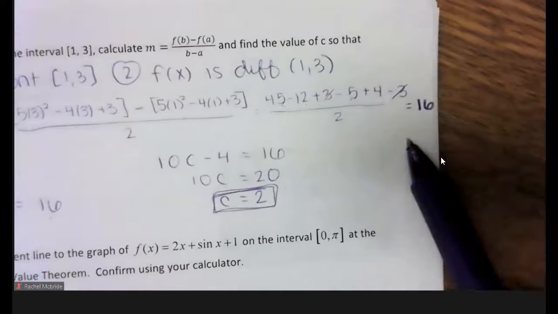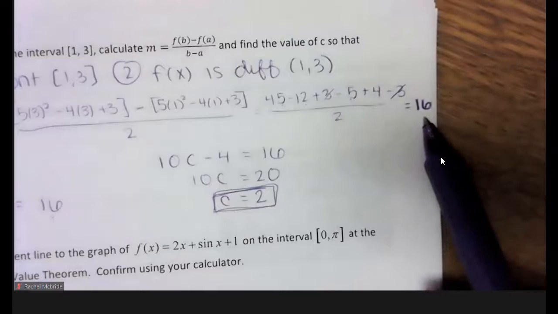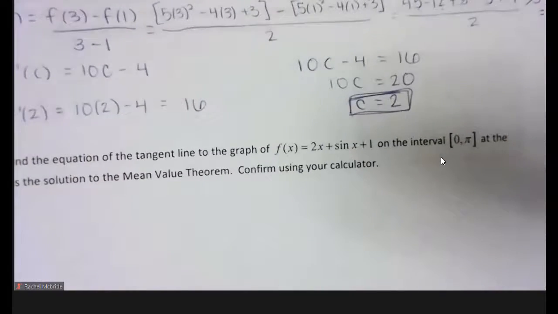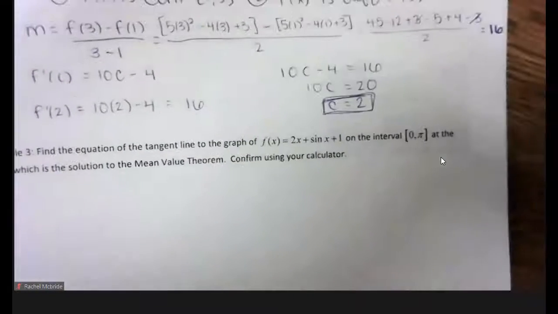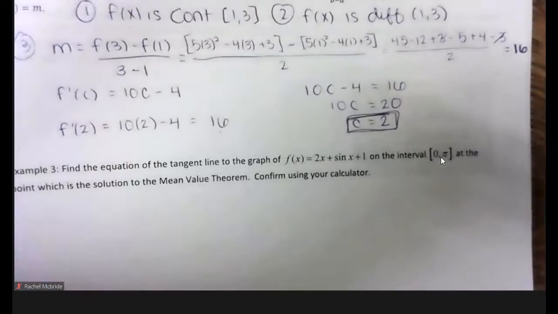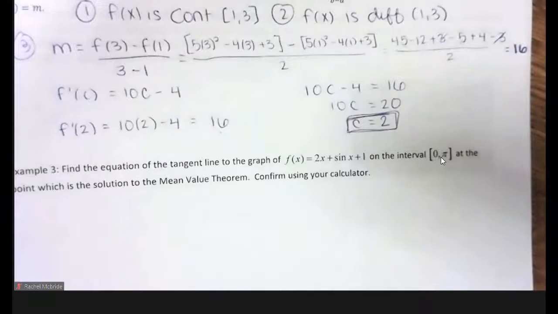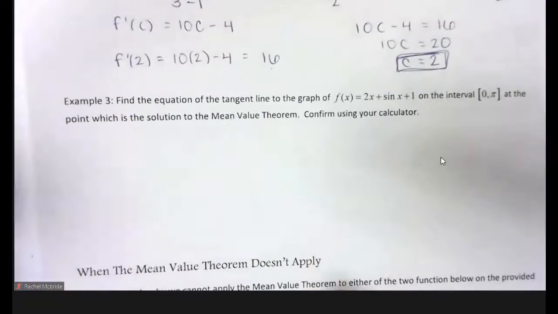This represents the average velocity, or the slope of the secant. So at the value of 2 on that curve, the slope of the secant equals the slope of the tangent, or the instantaneous velocity is equal to the average velocity. It's the time at which you are driving your average speed. Does that make sense in terms of applications and problems?